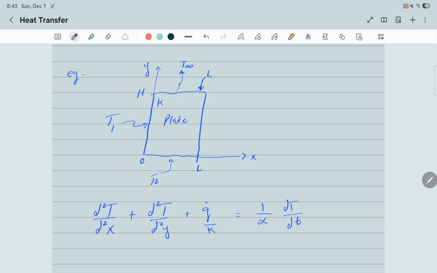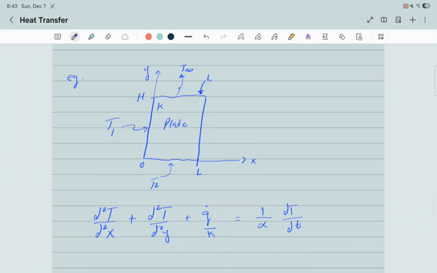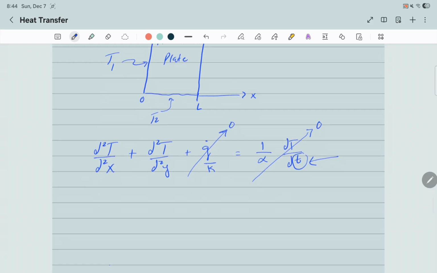Right off the bat we can see that there's no generation term in this example, so we can cancel this term. There's no energy being generated in this example. We also notice that there's no variation with time in this problem. That means it's steady state, and this term can also be canceled.